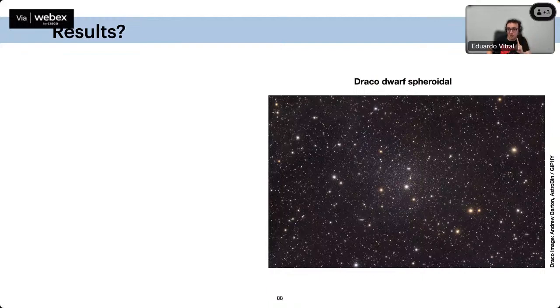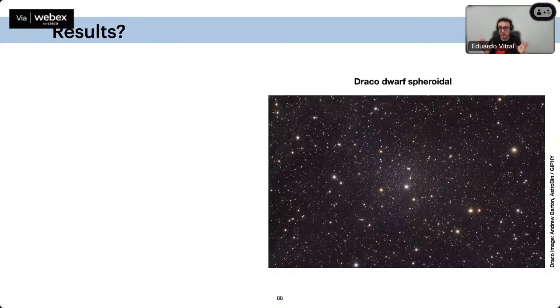Now, in the case of Draco in particular, we have looked at that. There were many studies showing that it is a very round galaxy with no strong signs of tidal interactions with the Milky Way. There are also studies showing that its orbit was not too close to the Milky Way to be that much affected.